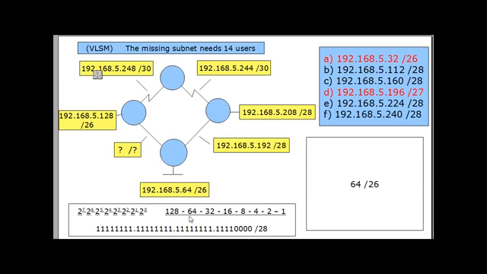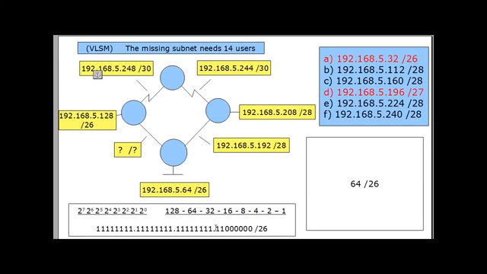We look at our chart here, and we can see that if we had 8 bits here, 8 bits here, 8 ones here, that's /24, right? 25, 26, like that. That's a /26. 26 ones and 6 zeros.